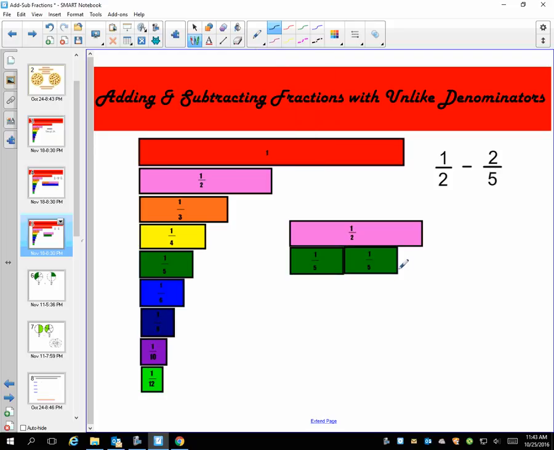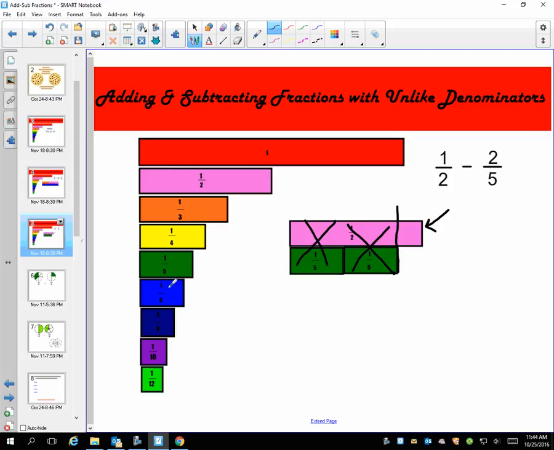And I see that 2/5 comes right about here. That line's a little crooked, but that's all right. So I can see that if I take 2/5 away from the 1/2, this right here is my answer. So I've got to figure out how much that is.